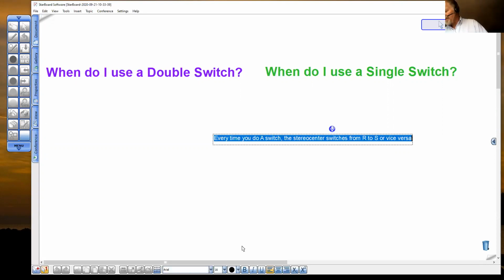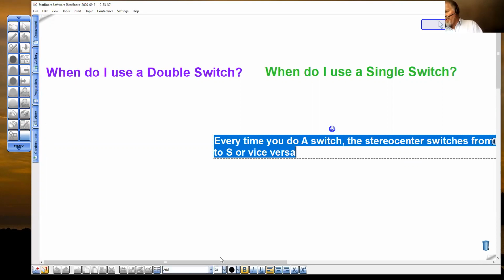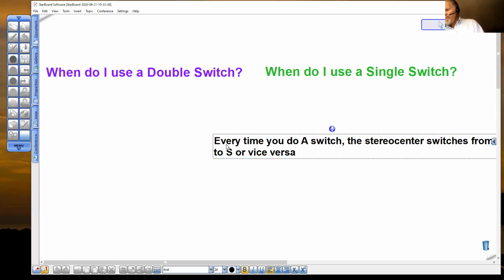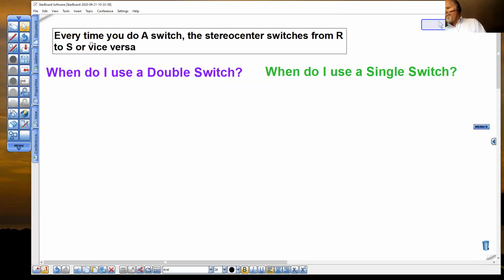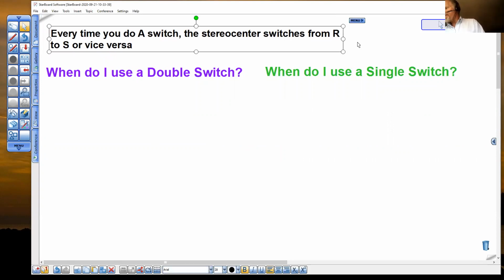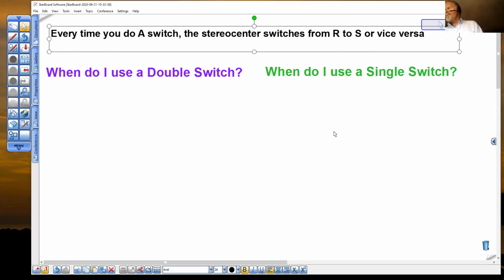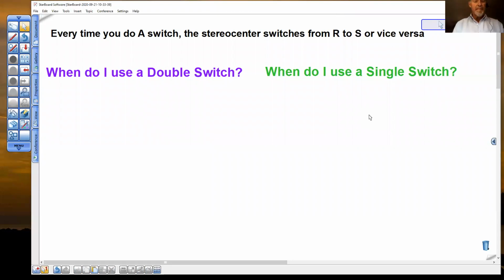That's a fact. Both have their uses, people. Both have their uses. Every time you do a switch, it switches from R to S or vice versa.